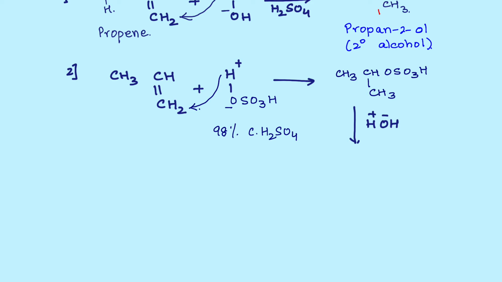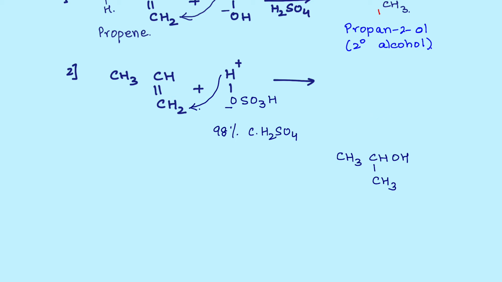Now this followed by hydration, that means treatment with water. What will happen? This will break down and we will have OH and H here, CH3CHOHCH3. If you don't want to write the steps like this, you can also write the reaction directly leading to the formation of the products.